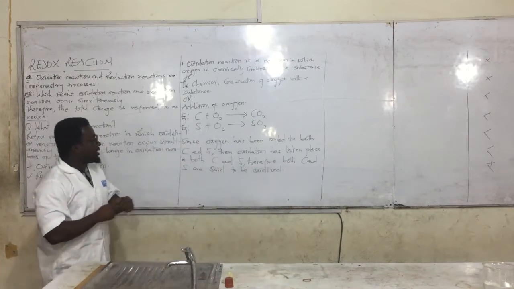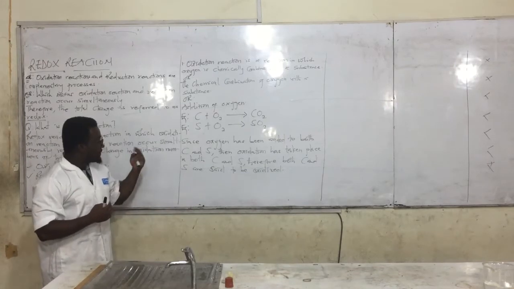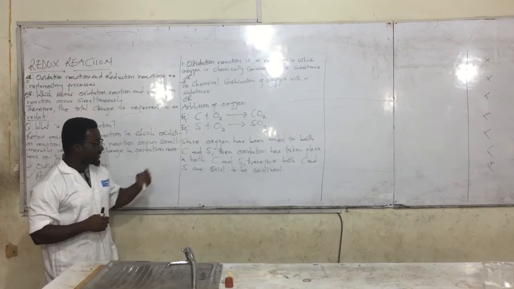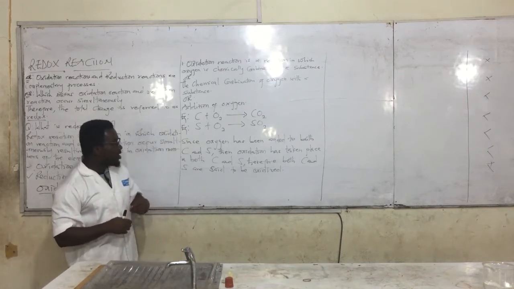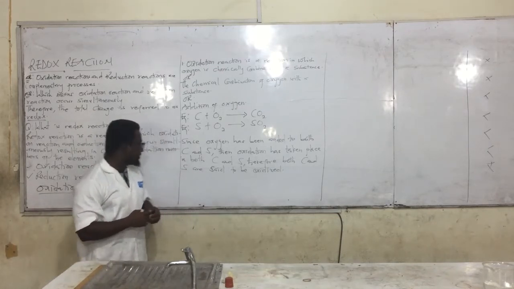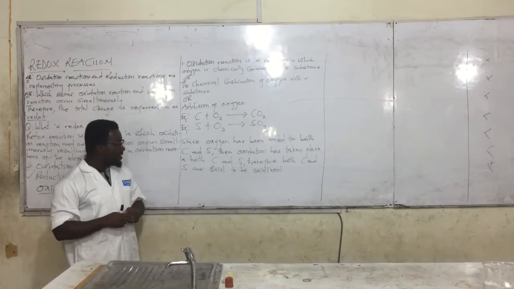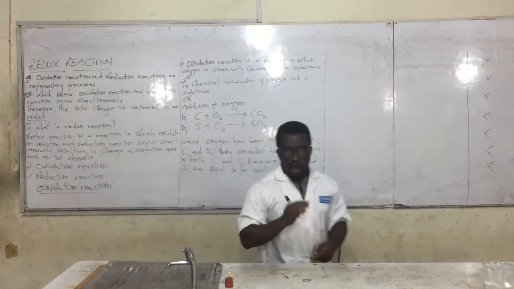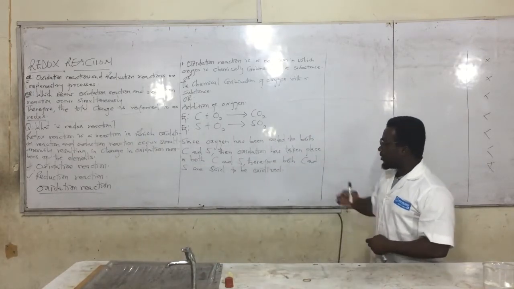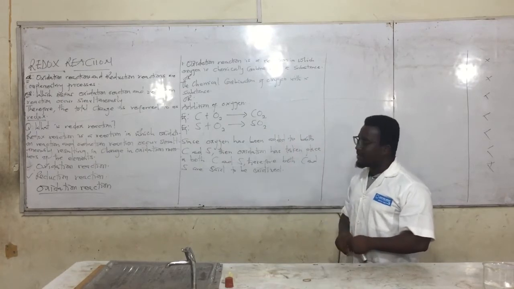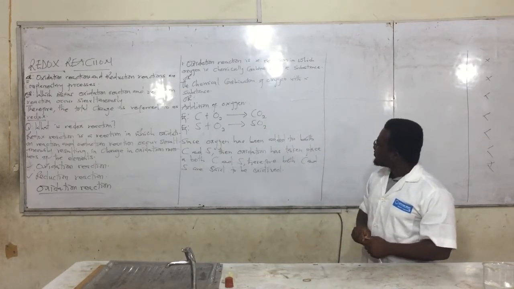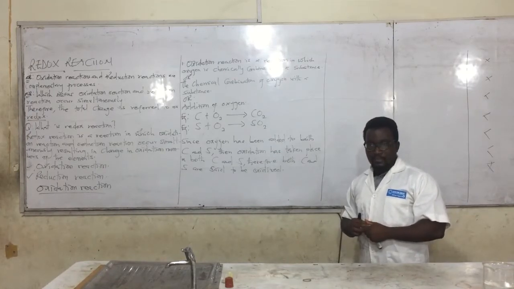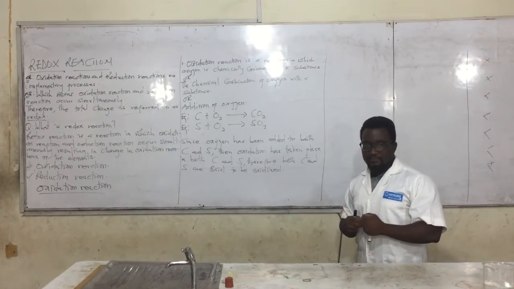Since oxygen has been added to both C and S, that is carbon and sulfur, then oxidation has taken place in both C and S. Therefore, both C and S are said to be oxidized. So oxidation has taken place in both C and S. Now that is in terms of oxygen.